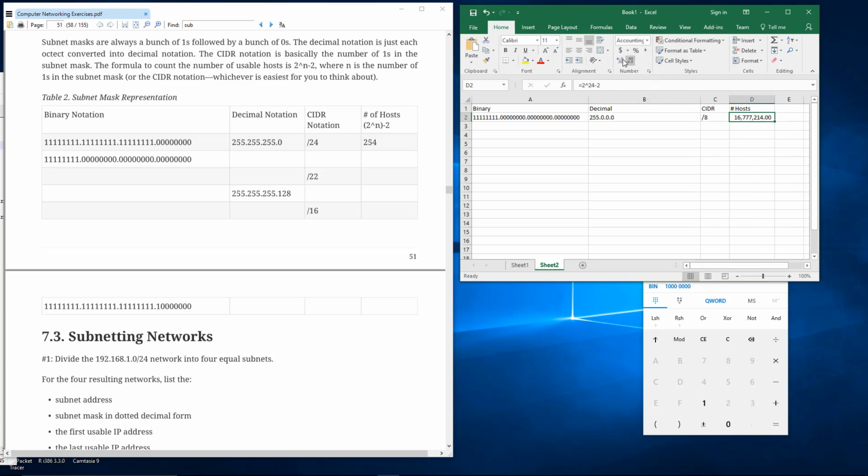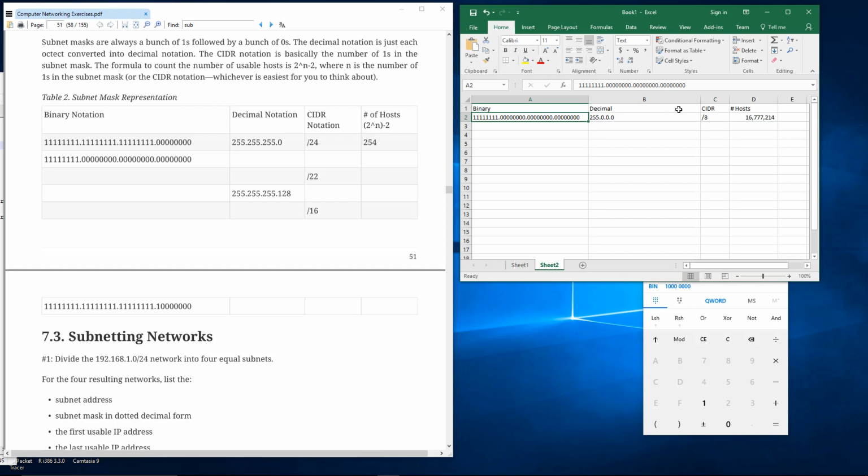I don't need any decimals here. I can put 16.8 million computers on this network using this subnet mask. So that's a lot. That's actually too many. If we actually put 16.8 million computers on a single network, our network would crash.